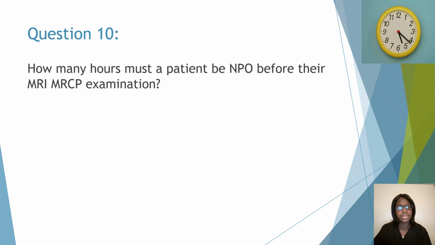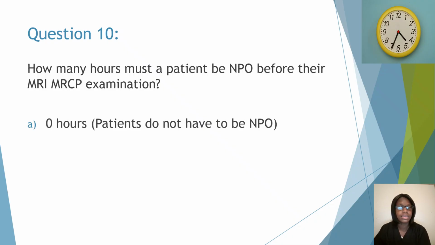Question 10. How many hours must a patient be NPO before their MRI MRCP examination? A, 0 hours, patients do not have to be NPO. B, 1 hour. C, 3 hours.